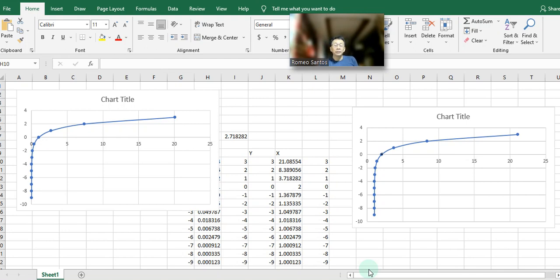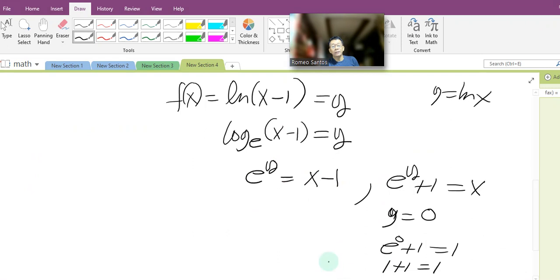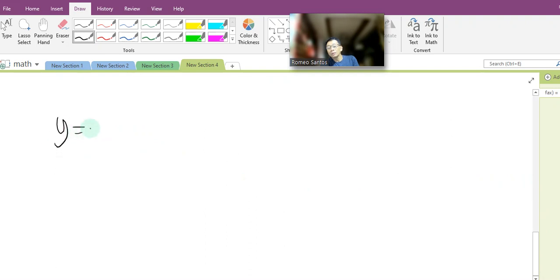Now, there is another solution, using the calculator. So let us say we have y is equal to ln of x.